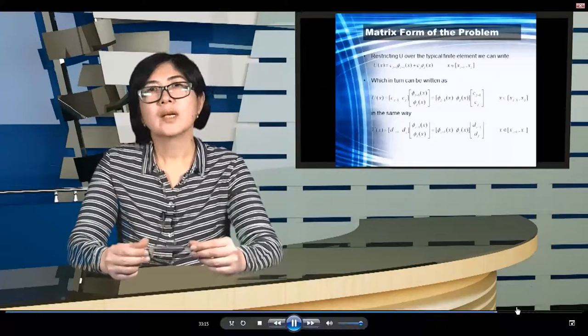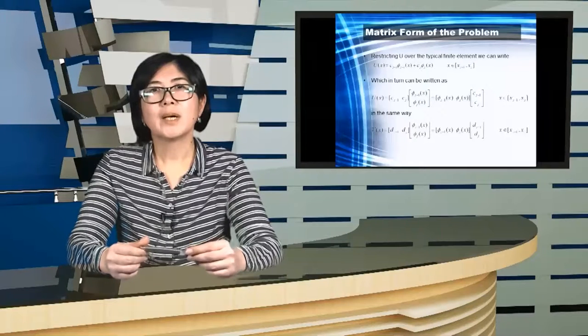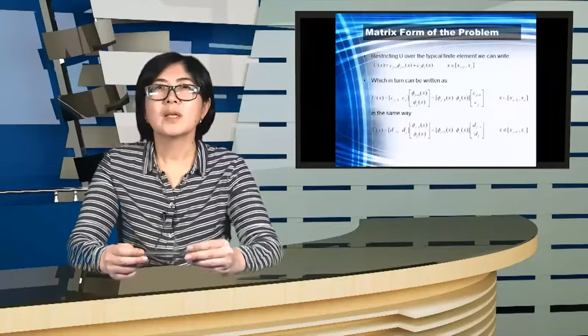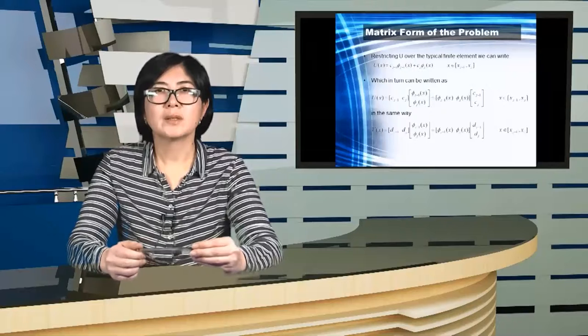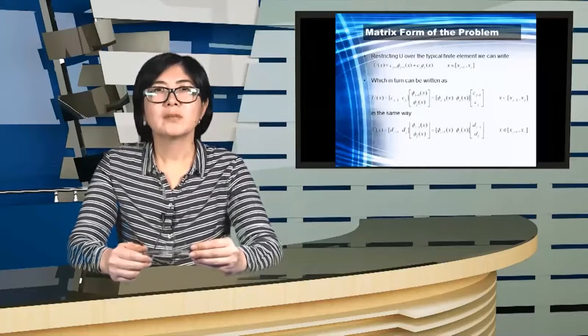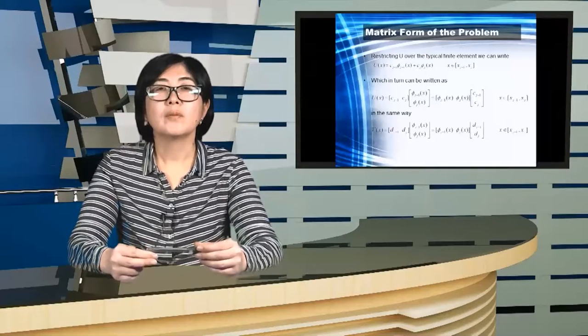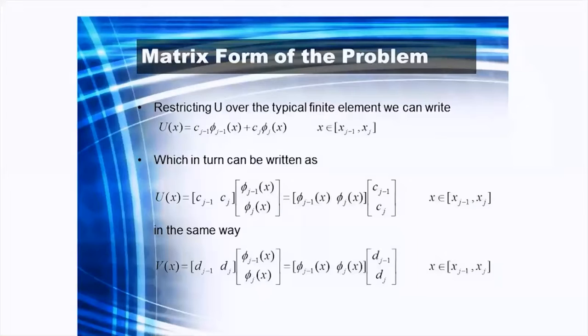We should consider now a typical finite element and derive the matrix equation for it. Afterwards, we will combine the single elements to obtain the global matrix equations. The approximation function u on a typical element takes the following form, expression 1.